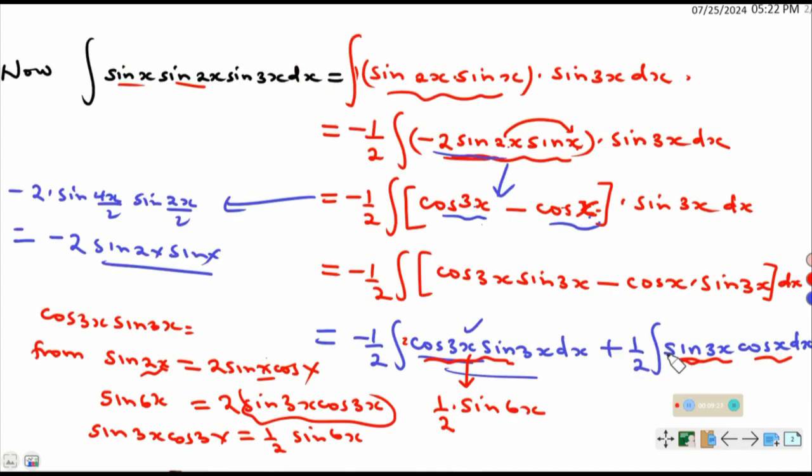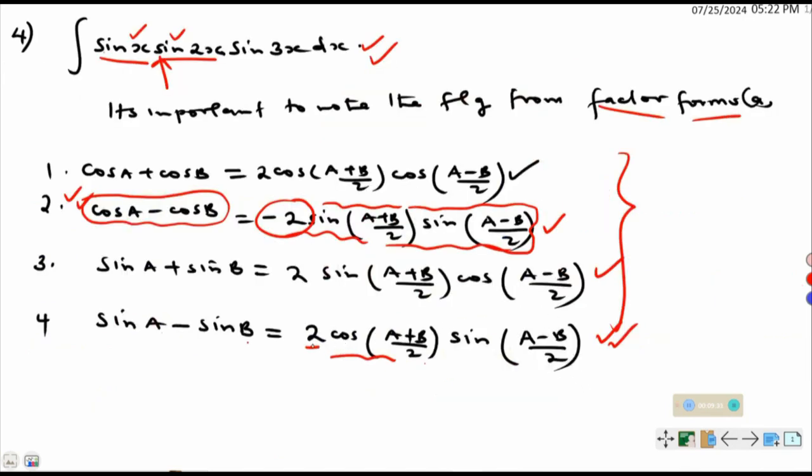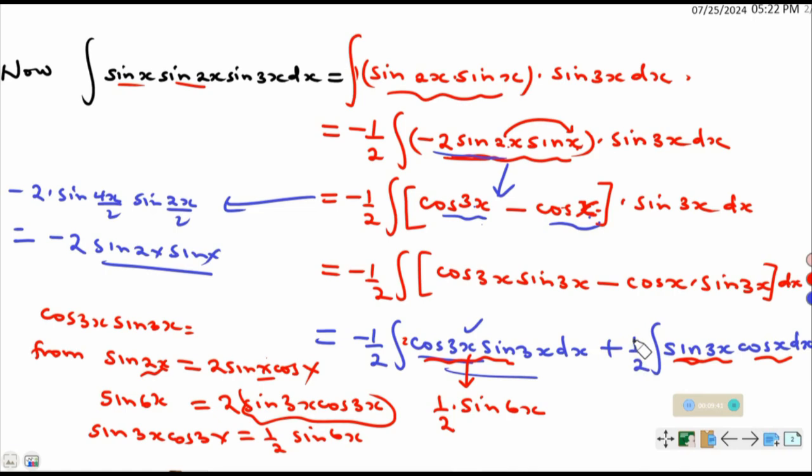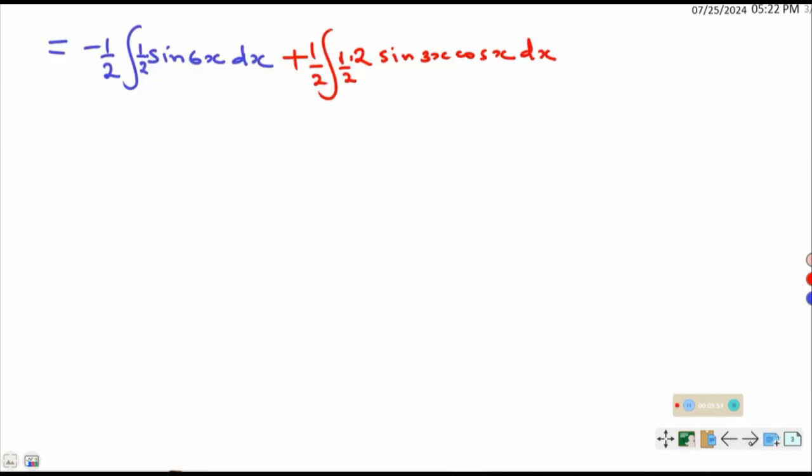You realize that in the expansion for the factor formula, there must always be a 2. So if the 2 is not there, make sure you create a 2 by multiplying by a half as you create that 2. So that's why we have plus this a half here. Then this one, if we create a 2 here, then we still multiply by a half, such that we don't change the meaning of the given expression. So that is basically what we have done here.